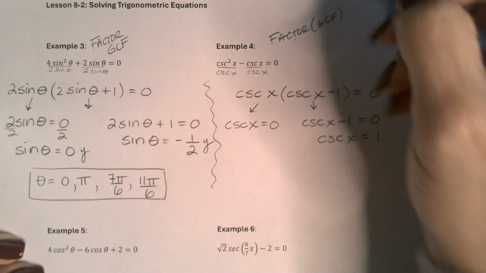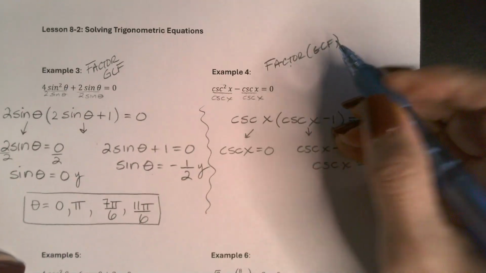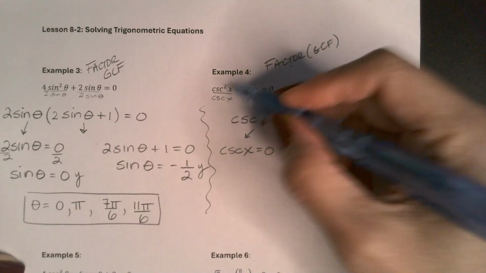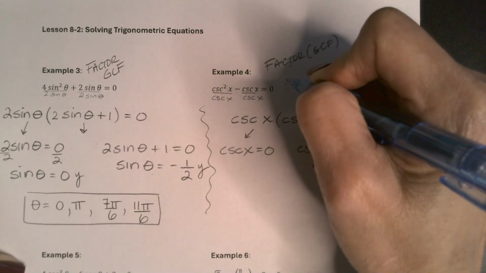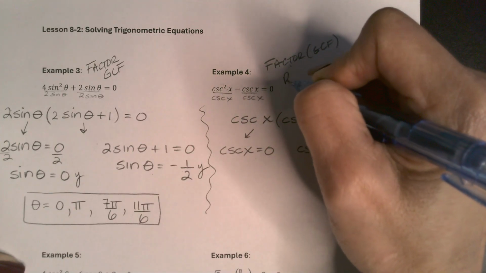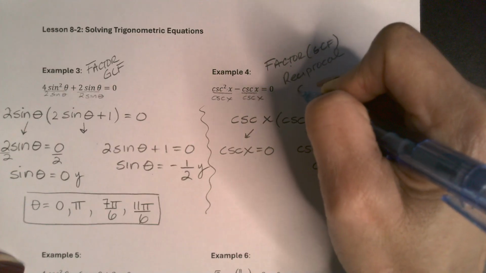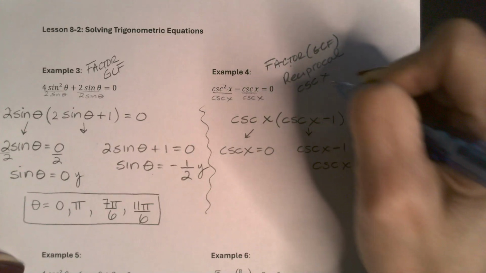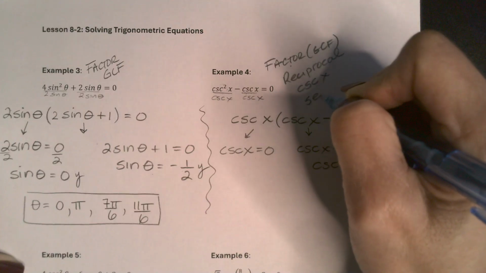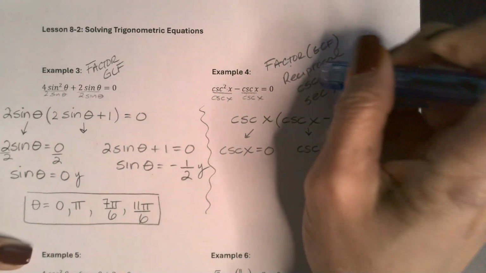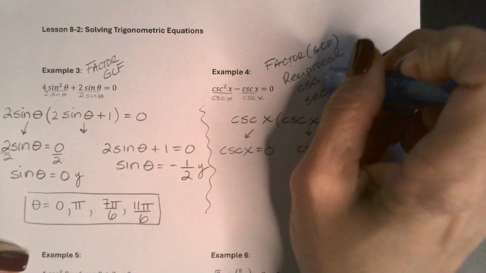What I want you to also notice is if you have a reciprocal identity, if you have the reciprocal cosecant x or the other one, secant x, I'm going to put theta just so it doesn't have too many letters.